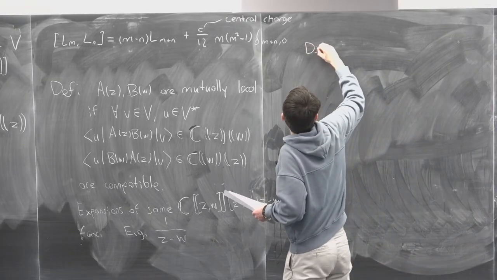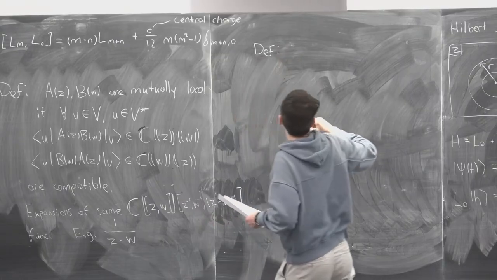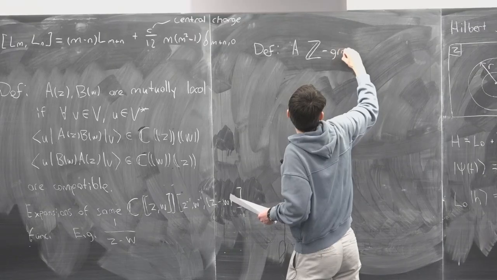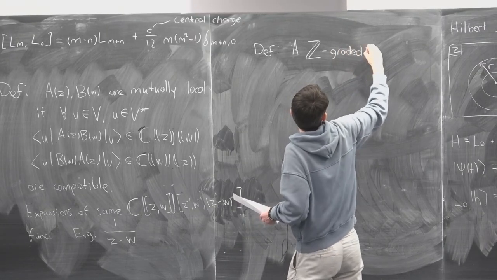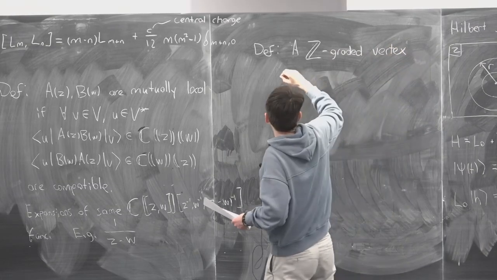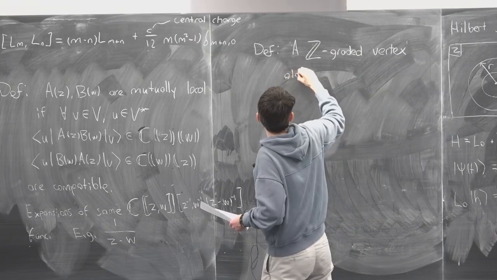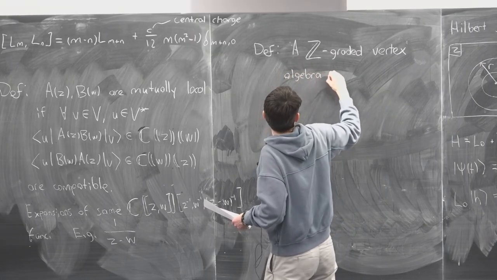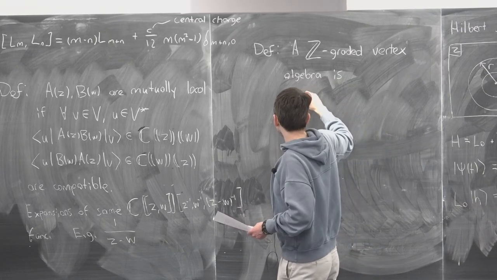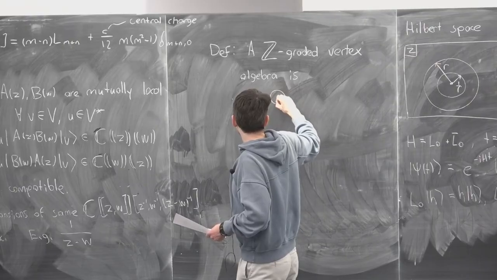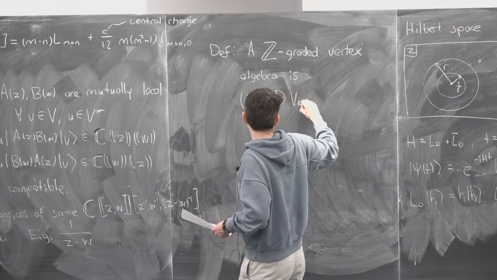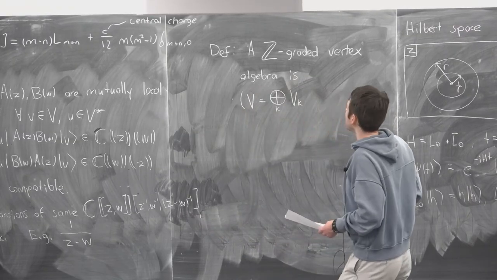So now there's another definition. A Z-graded vertex algebra is a quadruple. It's going to be a vector space, which we can write as an infinite direct sum of finite dimensional spaces. This is the Z-graded part.